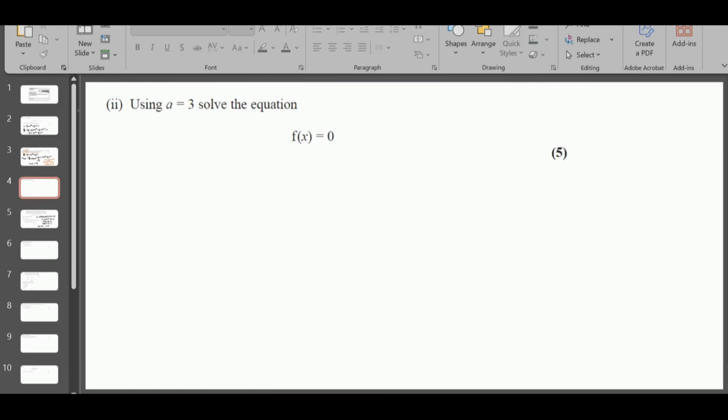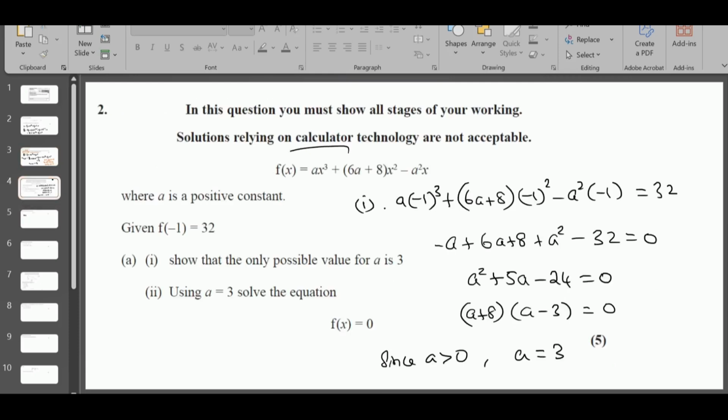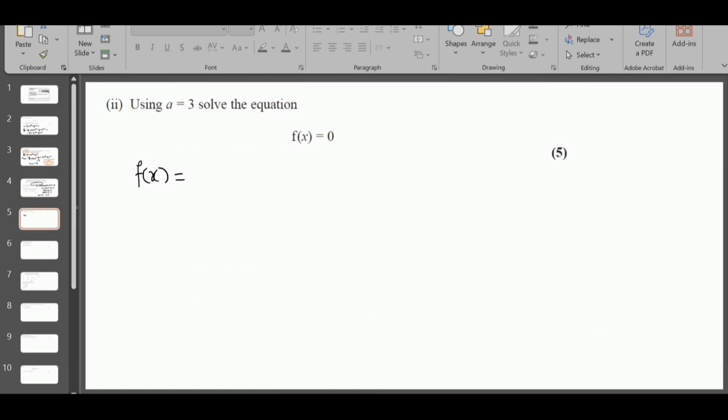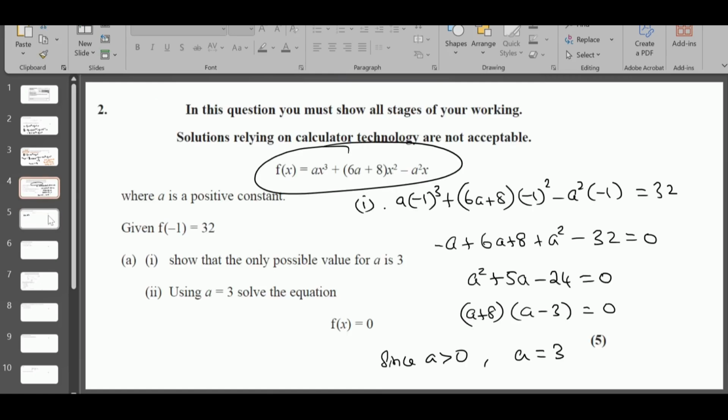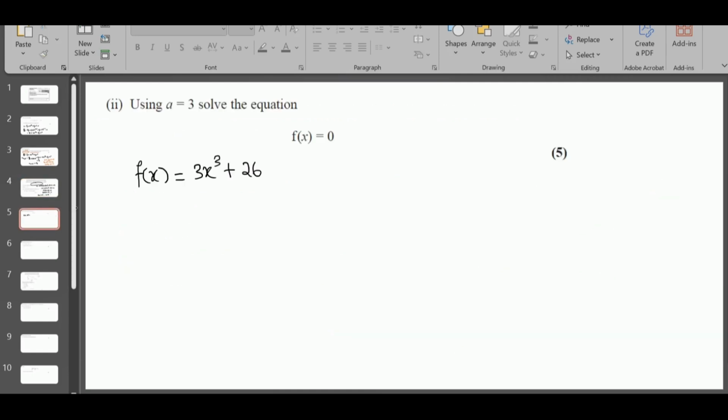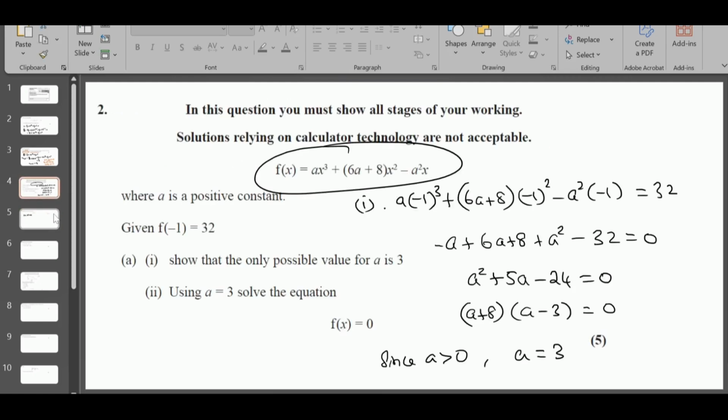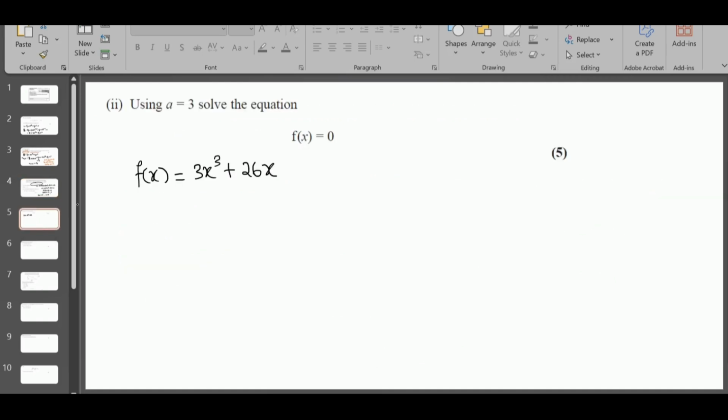Now part II. For a is equal to 3, solve this equation. So in this f of x, we are going to replace a by 3 now. So it's going to be 3x cubed plus 6a plus 8, which is 6 threes are 18 plus 8, 26x squared, and then minus a squared x, minus 9x, is 0.